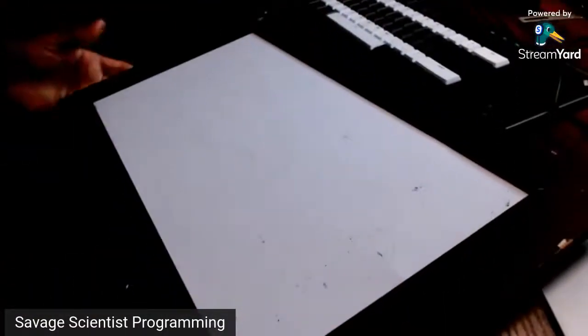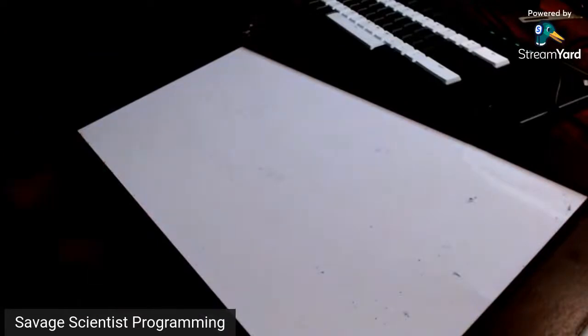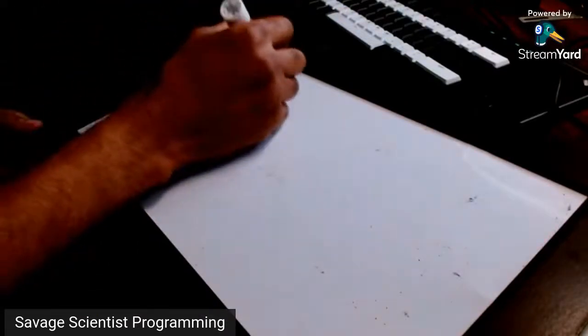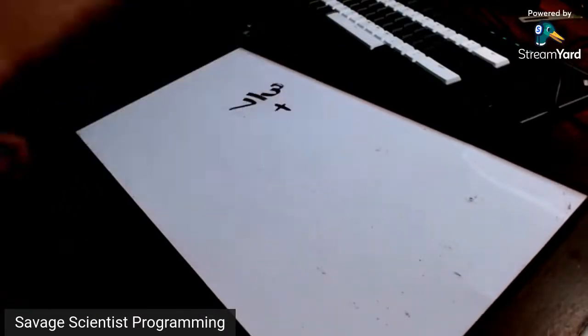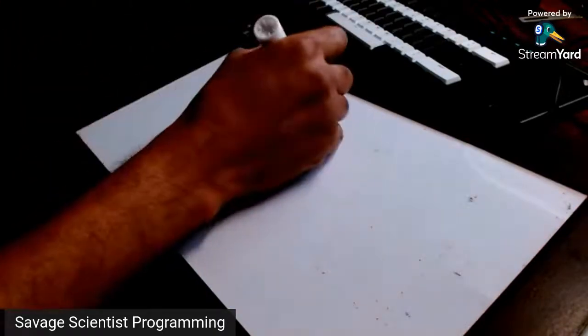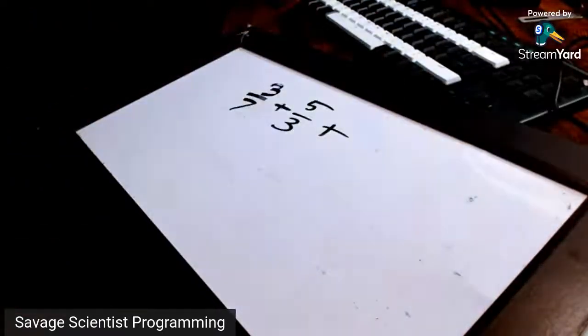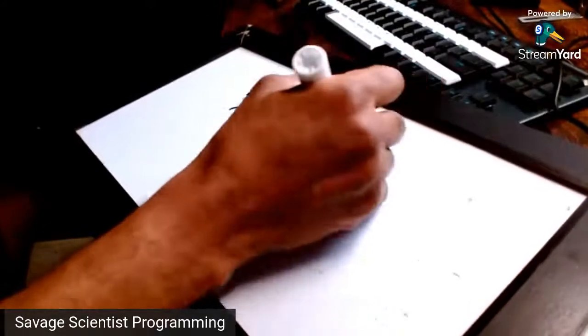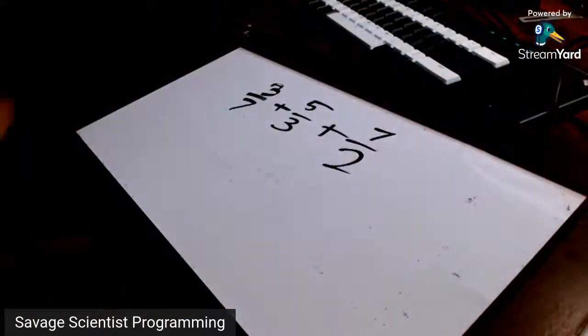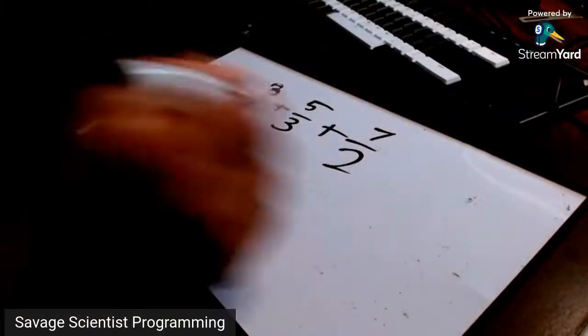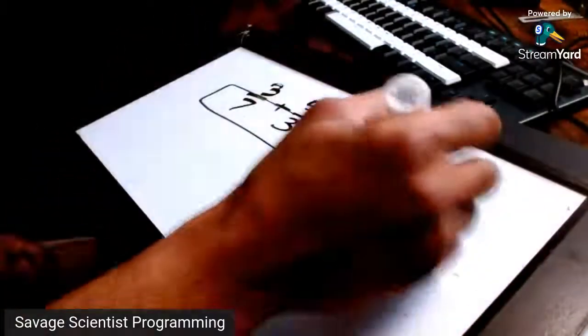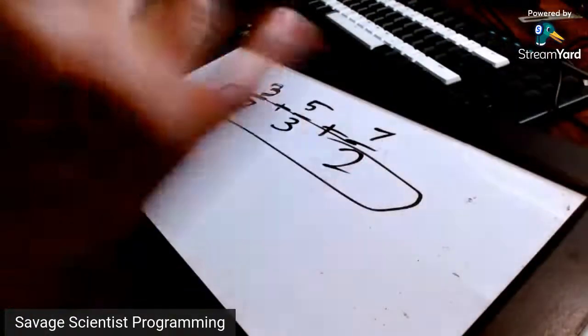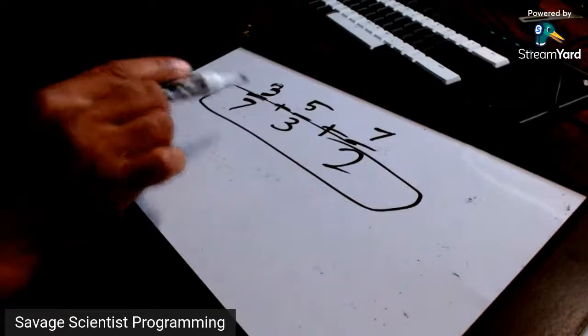All right. So what is it? 3/7 plus 5/3 plus 7/2. So let's add this up. First we're gonna get the LCD of the bottom, the most common number that could go into any of these: 7 times 3 times 2.